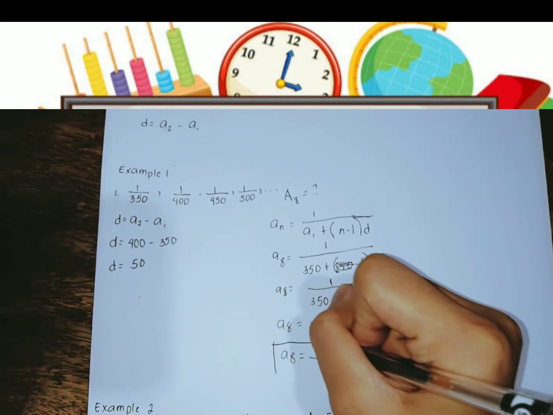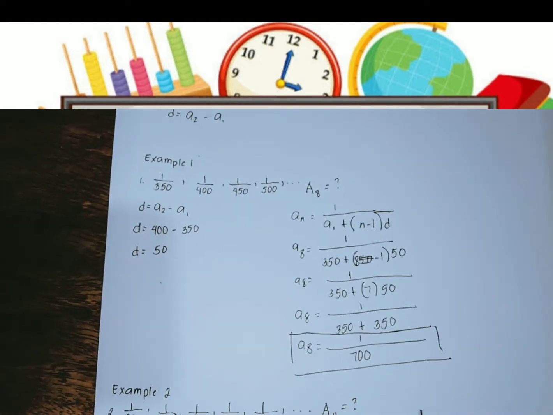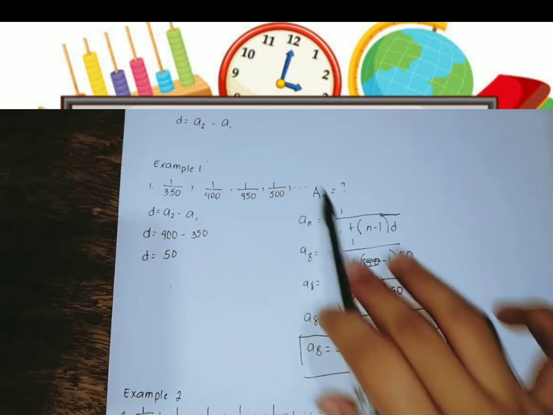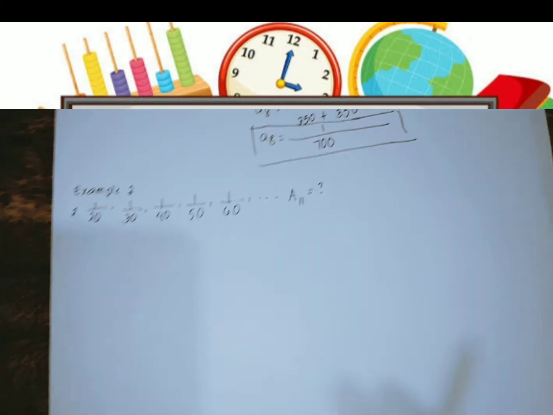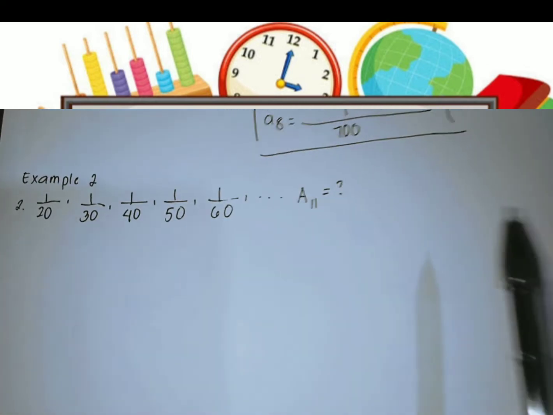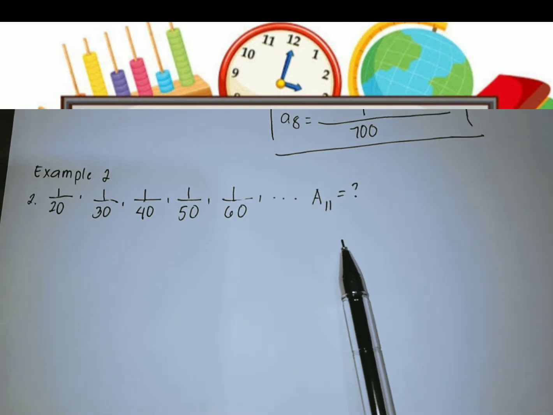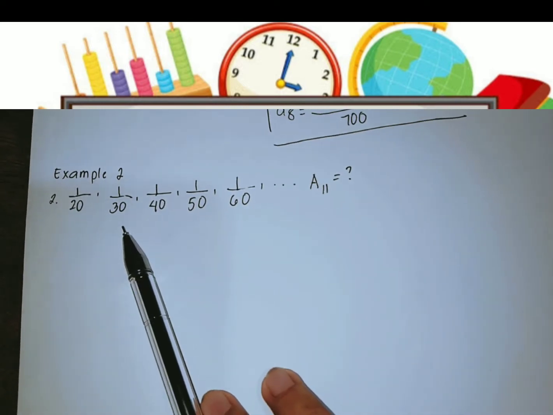This is the answer in our example number 1. Now we move on to example number 2. Just like what I said earlier, we first find the common difference.